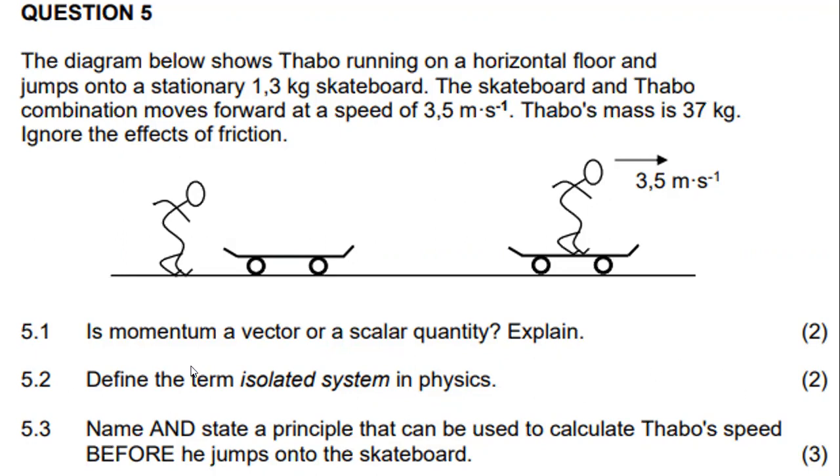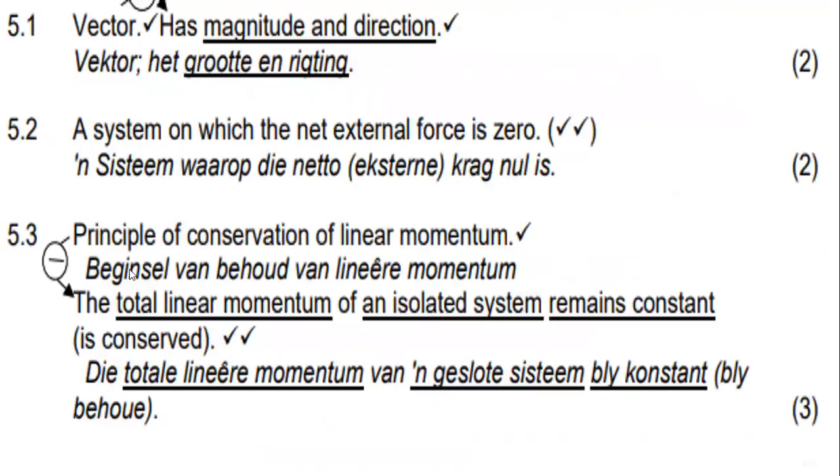Then let's see how we mark it. So it's a system on which the net external force is zero. And you can see, my dear learners, it is 2 marks or nothing. Are we clear? It is 2 marks or nothing. In other words, if you omit anything on there, then we have a problem, because we can't give you 1 mark.